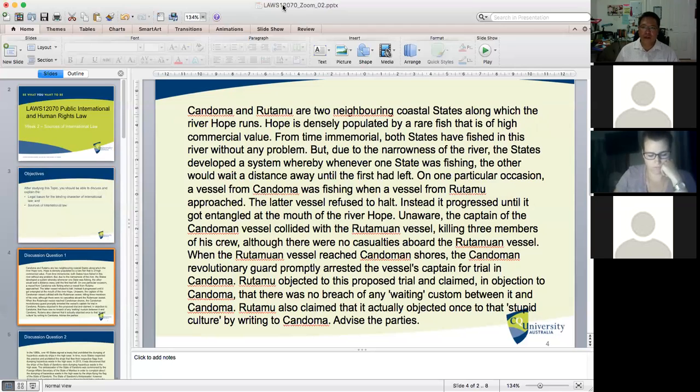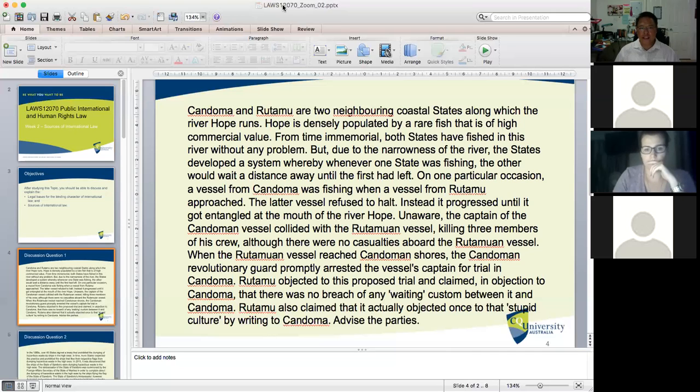On one particular occasion, a vessel from Kandoma was fishing when a vessel from Rutamu approached. The latter vessel refused to halt. Instead, it progressed until it got entangled at the mouth of the River Hope. Unaware, the captain of the Kandoman vessel collided with the Rutamuan vessel, killing 3 members of his crew, although there were no casualties aboard the Rutamuan vessel.